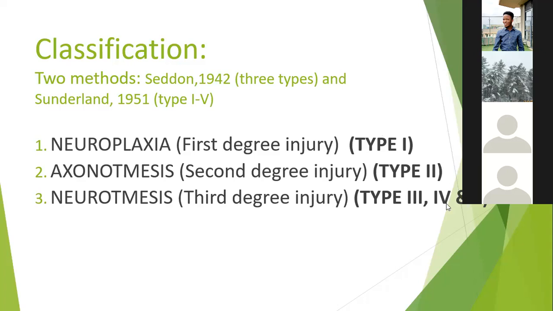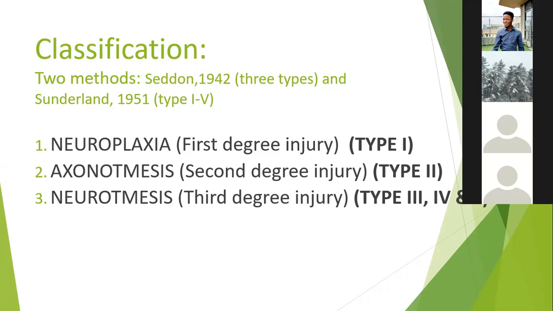Now, in type 3, 4, and 5, you find that there is severing of the axons. But in addition, in type 3, you have damaged the endoneurium. Type 4, you've damaged to the level of the epineurium. And type 5, you have damaged all those connective tissues.